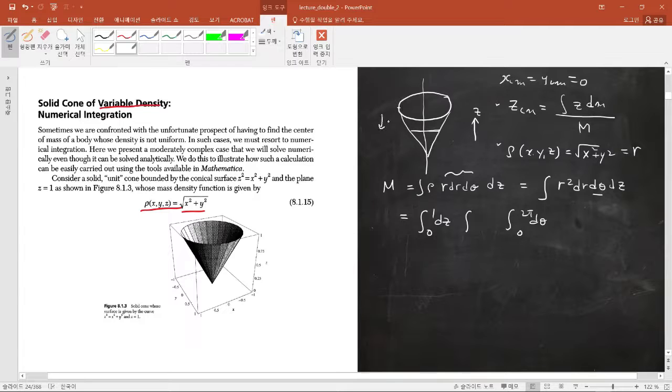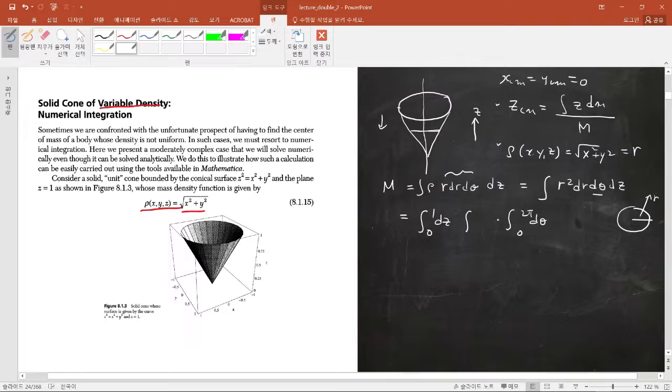If you look from here, it's just a circle with a radius r, but r changes from 0 to a as z also changes.